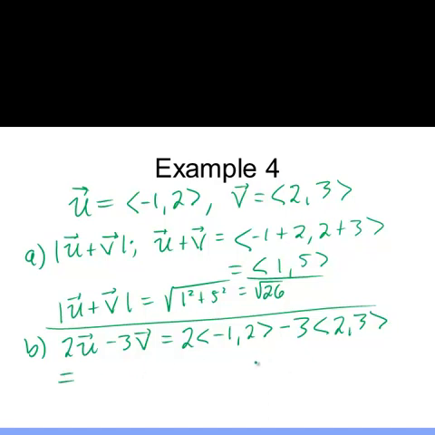Now, 2 times negative 1, comma 2 gives us negative 2, 4, and then minus vector 3 times 2 is 6, 3 times 3 is 9, and that would be negative 2 minus 6 is negative 8, and 4 minus 9 is negative 5. Okay, so negative 8 comma negative 5 is what 2 times vector u minus 3 times vector v is. Okay?